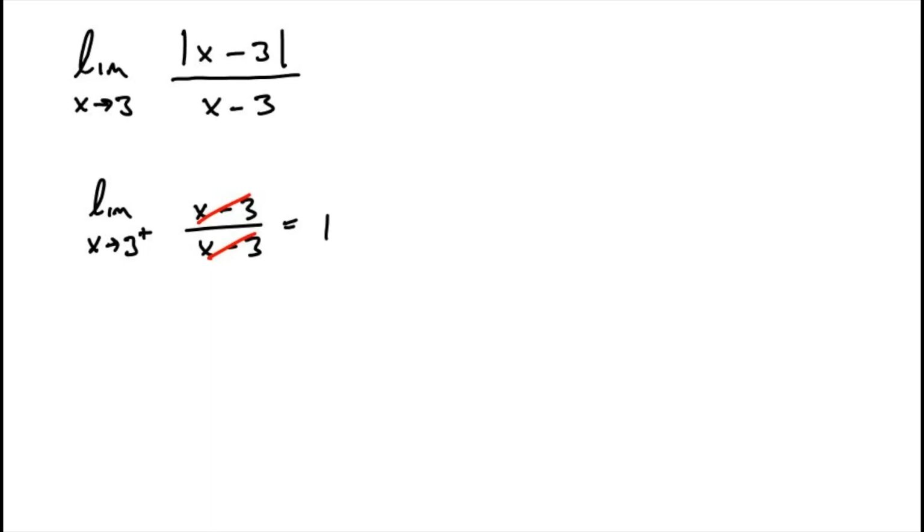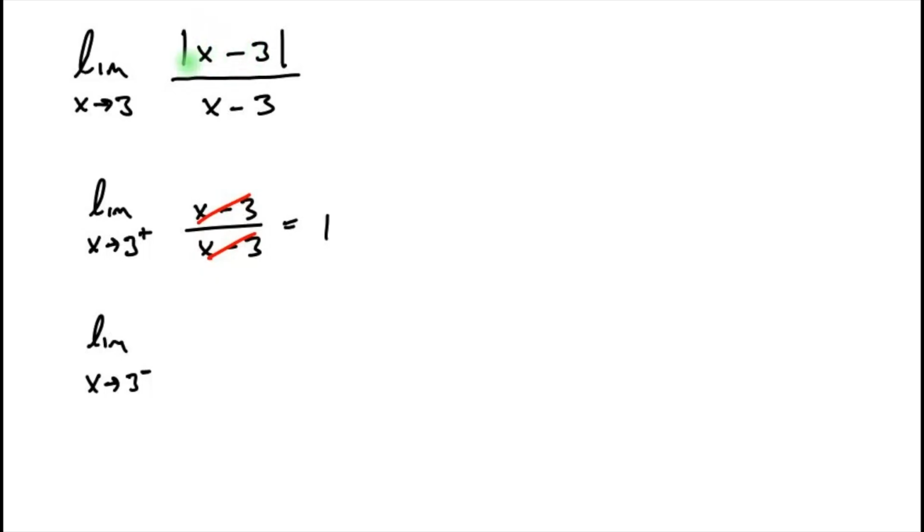If we check the limit coming from the other direction, the limit as x approaches 3 from the left, we can tell that when we plug in values of x that are slightly less than 3 into the absolute value expression, 2 minus 3 is going to be negative 1, but the absolute value is going to turn it positive.